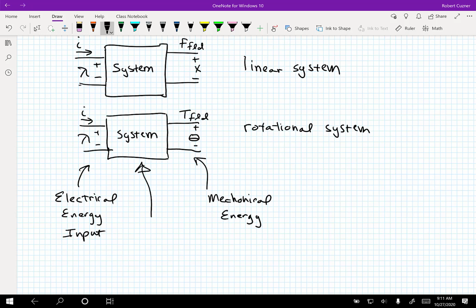We've got an increase in energy, or really a conversion of energy, from the magnetic system.